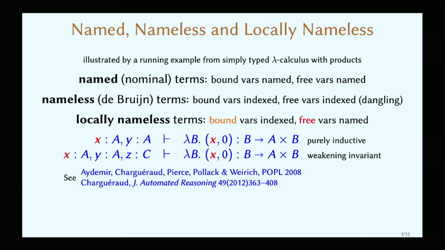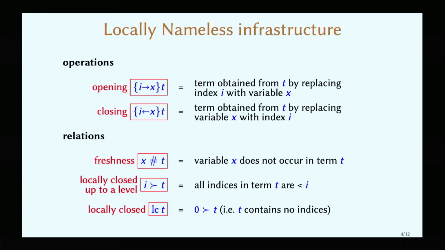It was around before that, but these works really popularized it as a useful technique for doing mechanized meta theory. Part of what they point out is that you have to develop a certain amount of infrastructure every time you do a development in the locally nameless style. I just want to pick out some of the infrastructure that's going to be important to us.